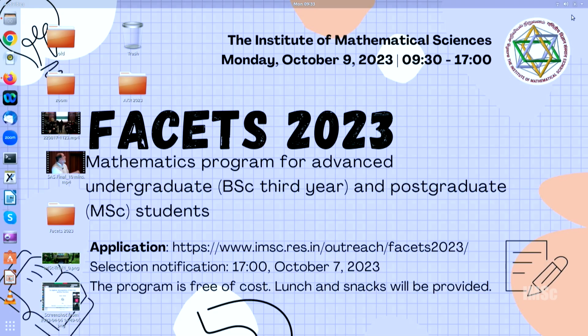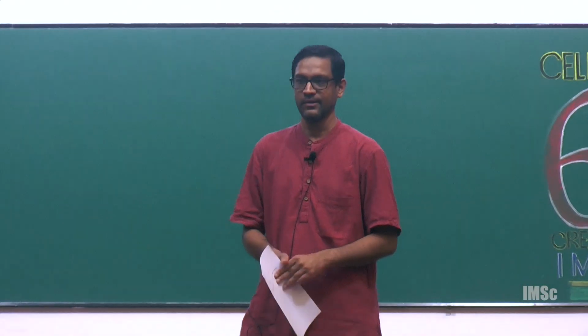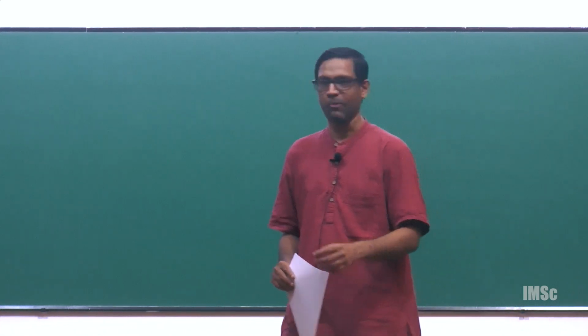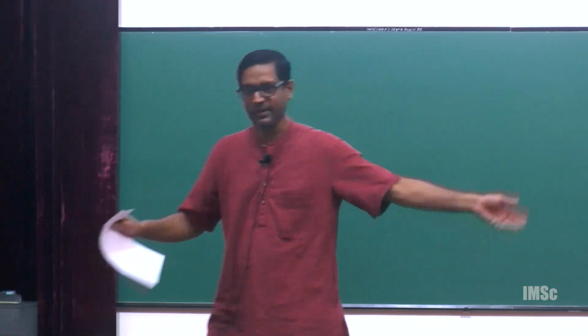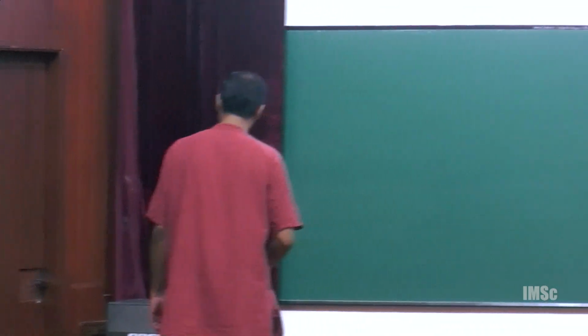Hello and good morning. These sessions are supposed to be not necessarily lectures per se, but more of an activity-based thing. So along the way I'll probably get some of you to come up and do some of the calculations.